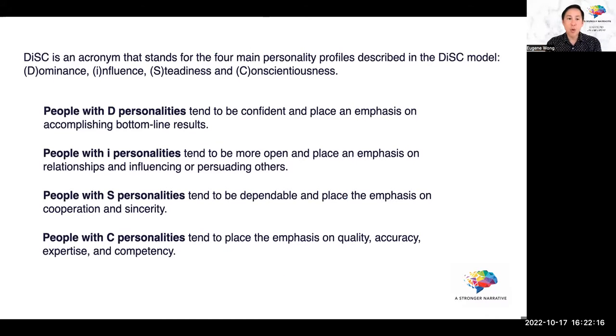DiSC stands for the four different types of personalities that you find in the workplace, and they're not actually evenly spread. I think I might talk about this later, but people who are dominant tend to be confident, and they are go-getters. They want results.